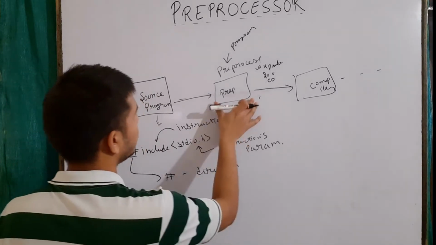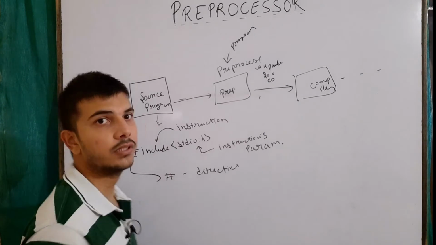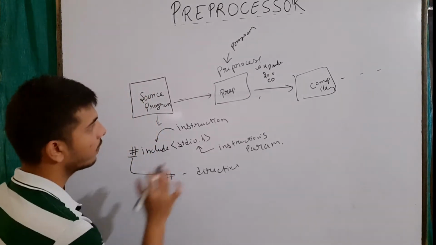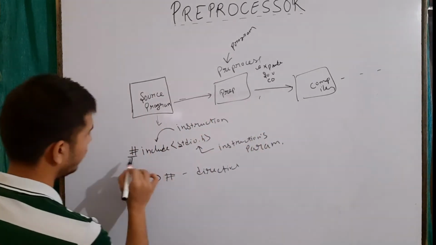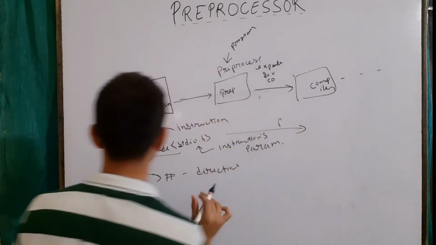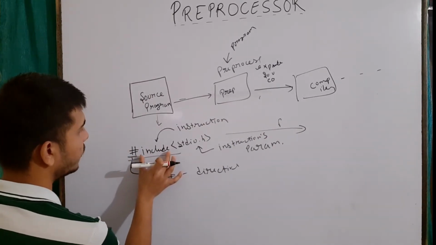Whenever our preprocessor encounters a hash, a directive, it knows that it has to follow this instruction.